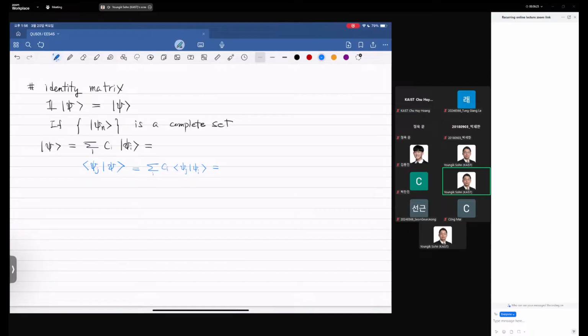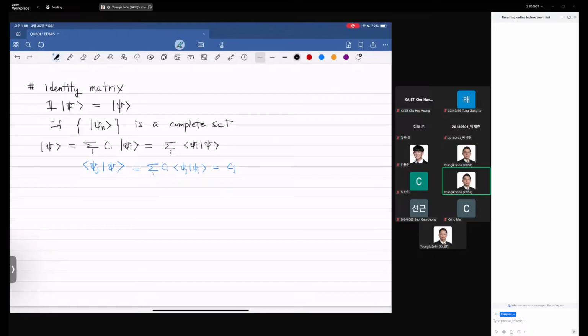Then you only filter out CJ. So instead of writing CJ, I'm going to write it as this. I will filter out and get CI as this.